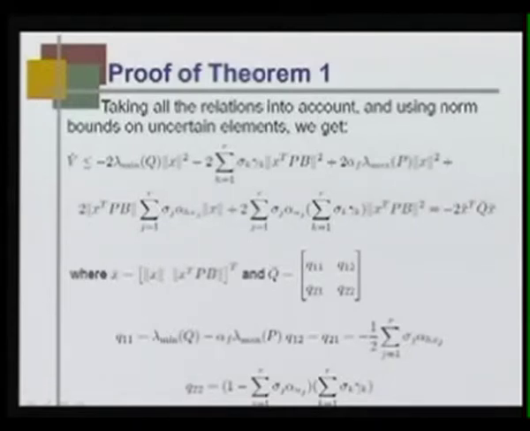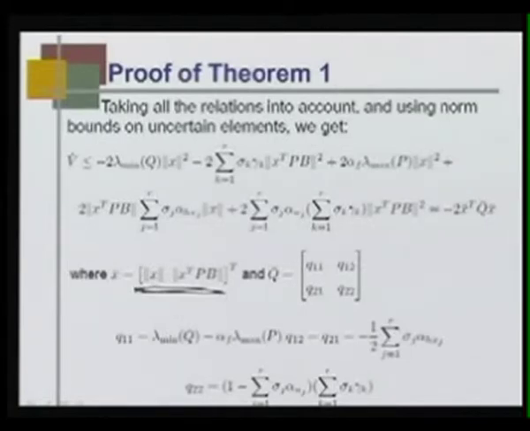So, we first derived the derivative of the Lyapunov function, and then expressed it in terms of norm bounds using the less than or equal to sign. This quantity can be written as minus 2 x bar transpose q bar x bar, where x bar is a vector whose first element is the x norm and whose second element is x transpose p b.